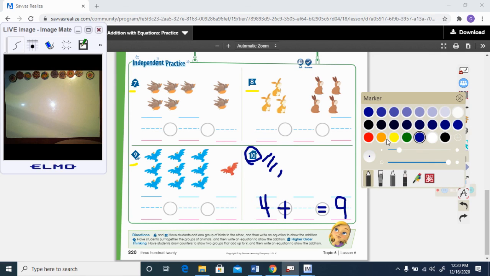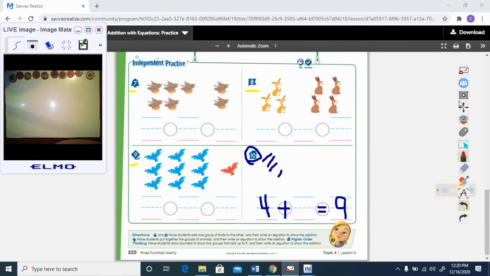Now we need to start and we need to count on. We have 4. Count as we draw them. 4, 5, 6, 7, 8, 9.